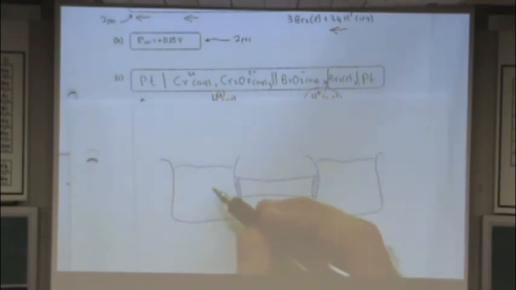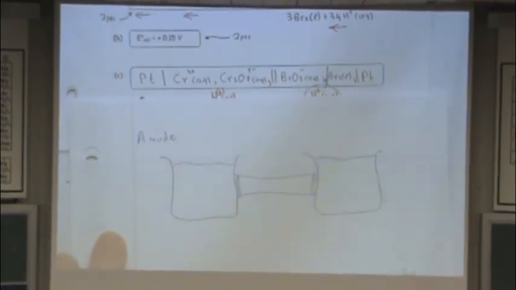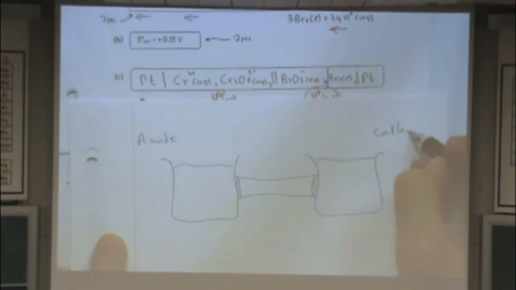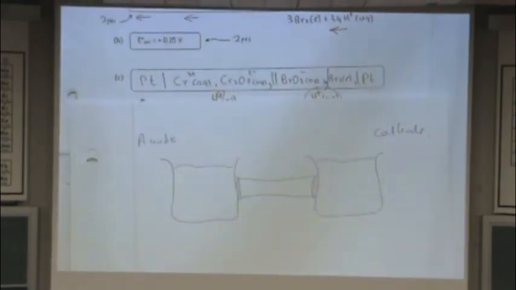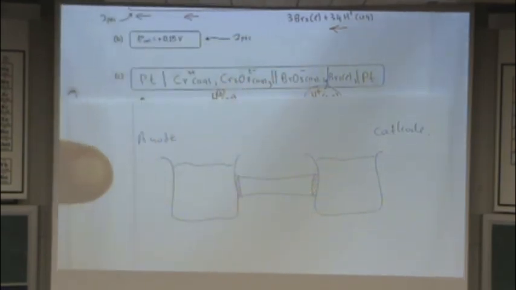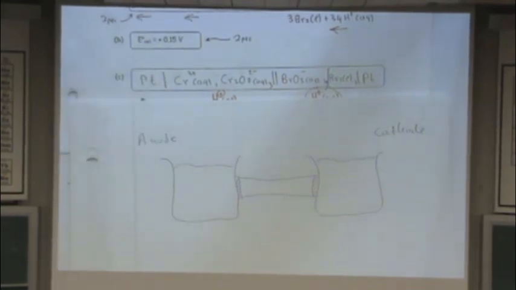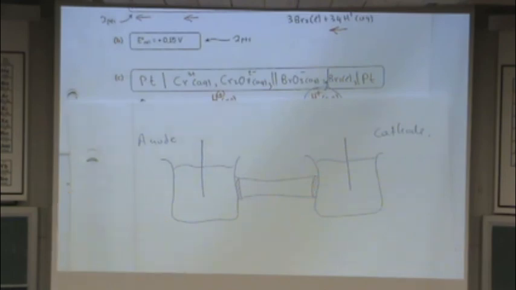Here should be the anode and here should be the cathode. Why? By convention, that's all. It's not a big mysticism here. By convention, when I draw the cell, I will put the anode on the left and the cathode on the right.